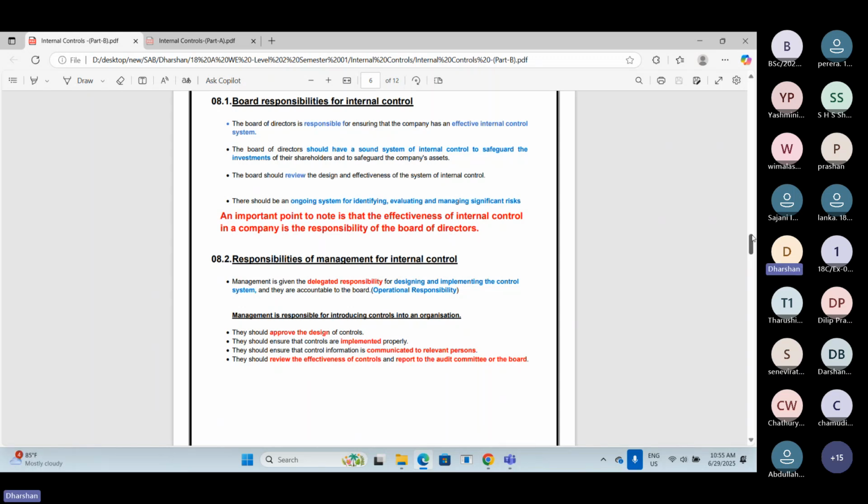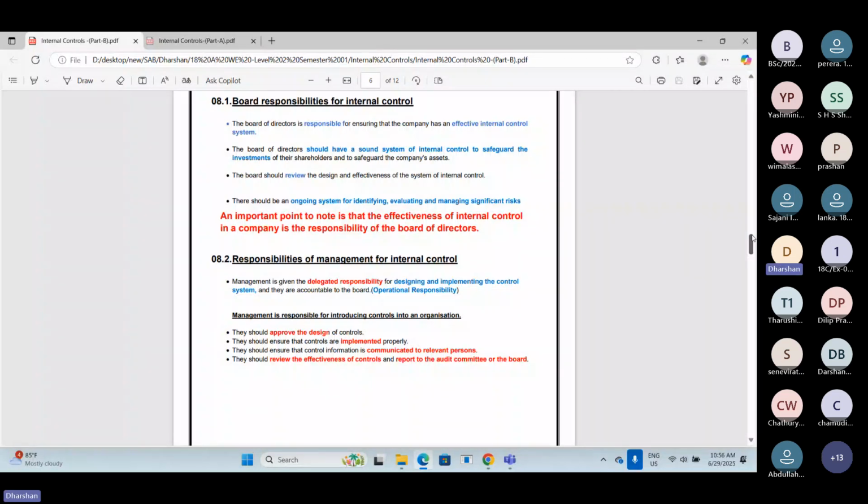Management will do certain activities to make the directors' thinking happen. So directors will implement the controls through management. That is how companies work, directors get the work done through management. Likewise, for internal controls also, directors will implement the internal control system through management.